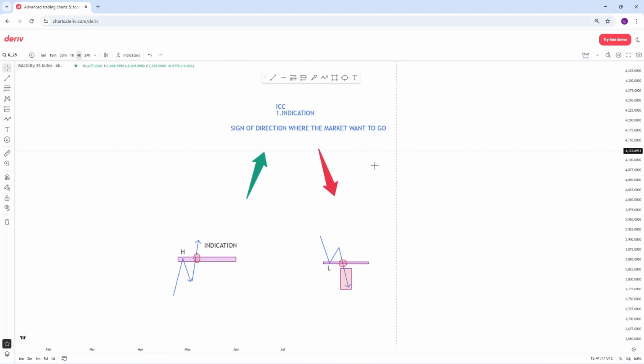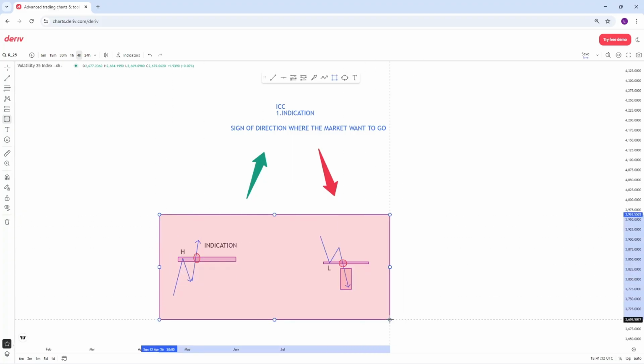Take a screenshot here. If the market wants to go up, it has to break a high. If the market wants to go down, it has to break a low. These are your two indications that you need to trade. Knowing where to enter the market comes from the indication. Knowing when to go out of the market comes from the indication.